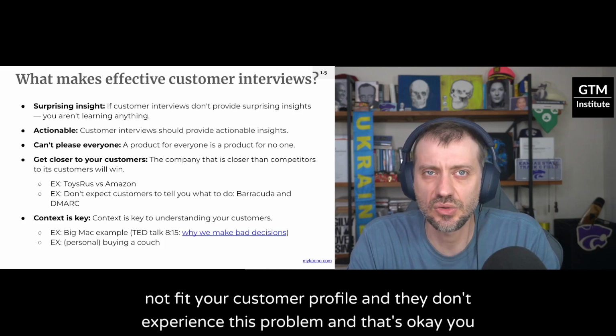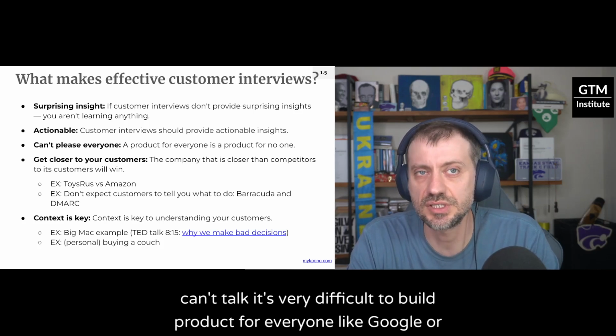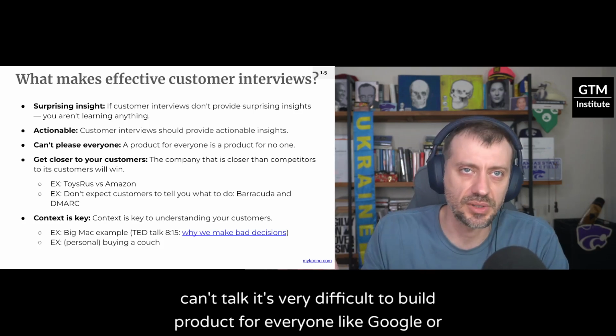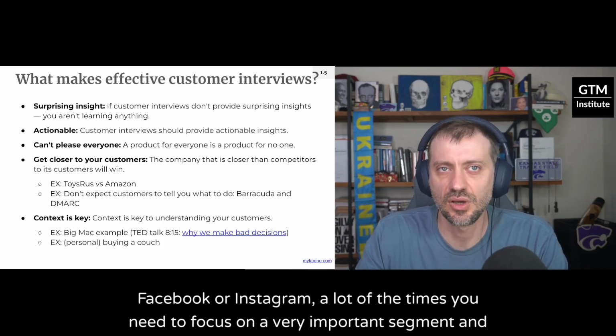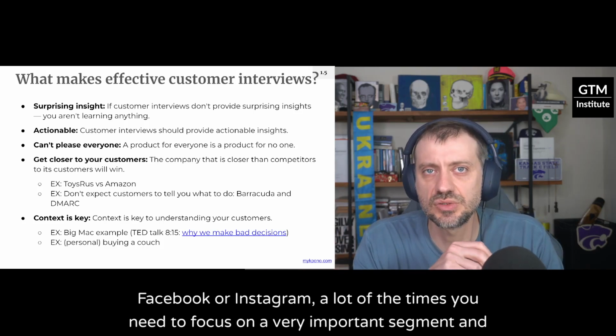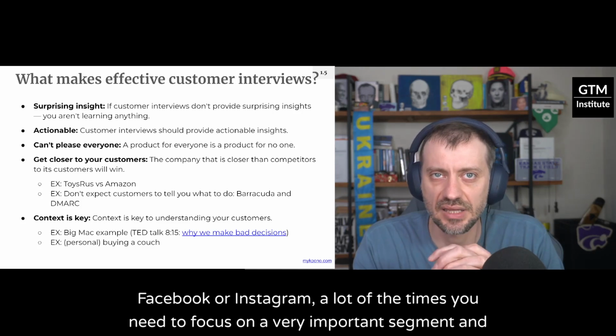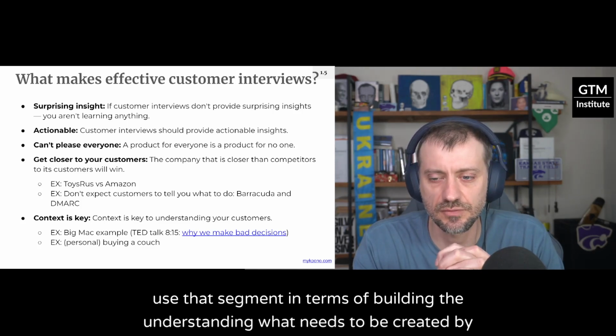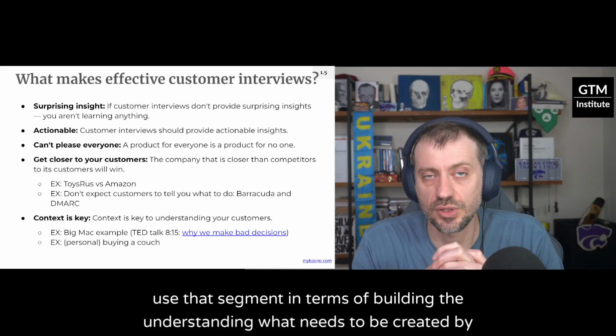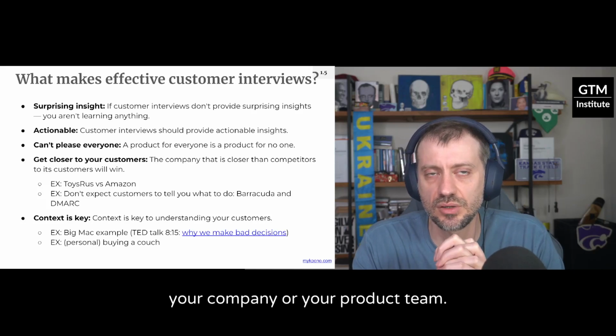And that's okay. It's very difficult to build a product for everyone like Google or Facebook or Instagram. A lot of the time you need to focus on a very important segment and use that segment to build an understanding of what needs to be created by your company or your product team.